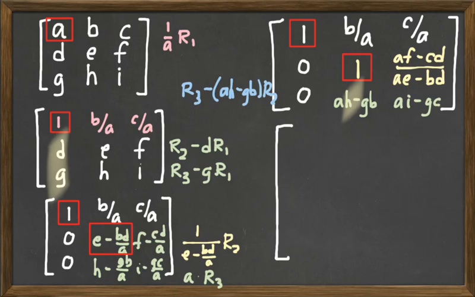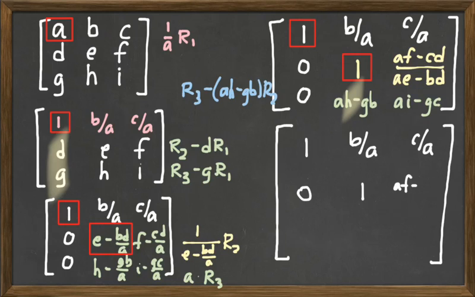And the end of all this yuck is, in the first row, something nice, 1, b over a, c over a. In the second row, 0, 1, af minus cd over ae minus bd. And in the last row, 0, 0, and now I get some nasty looking thing.